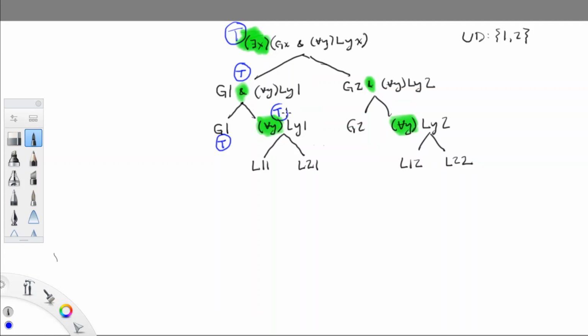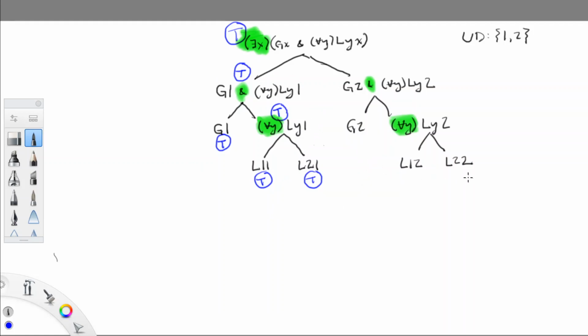So if our left conjunct is true, that just means G1 is true. If our right conjunct is true, that means for all y, Ly1 is true. The universal generalization is only going to come out true if both of its instances are also true. What we need to do is look at these T's that we've assigned on the left-hand side of the tree and see if any of them appears on the right.